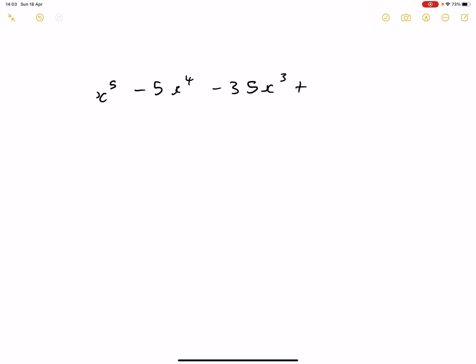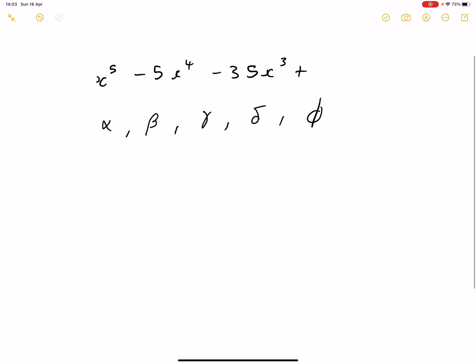So first of all, we know that this will have roots alpha, beta, gamma, delta, and phi, because I don't know how to write an epsilon. Or at least my epsilons look weird. They form an arithmetic progression, so there is a common difference d between them.